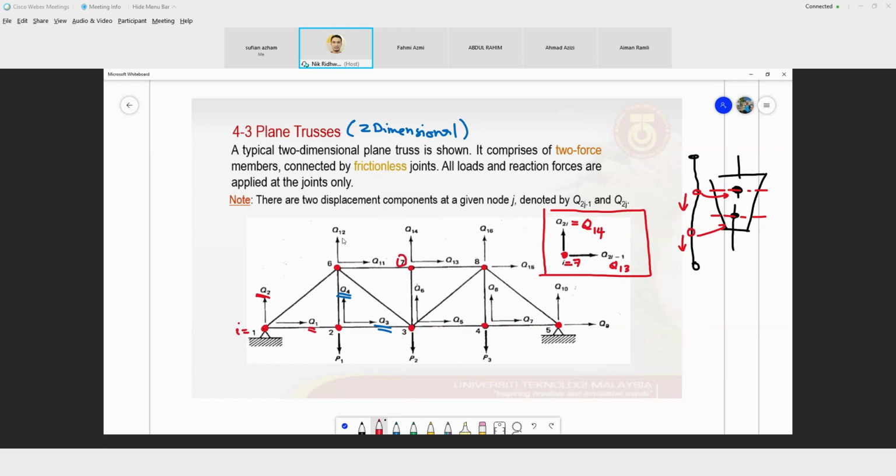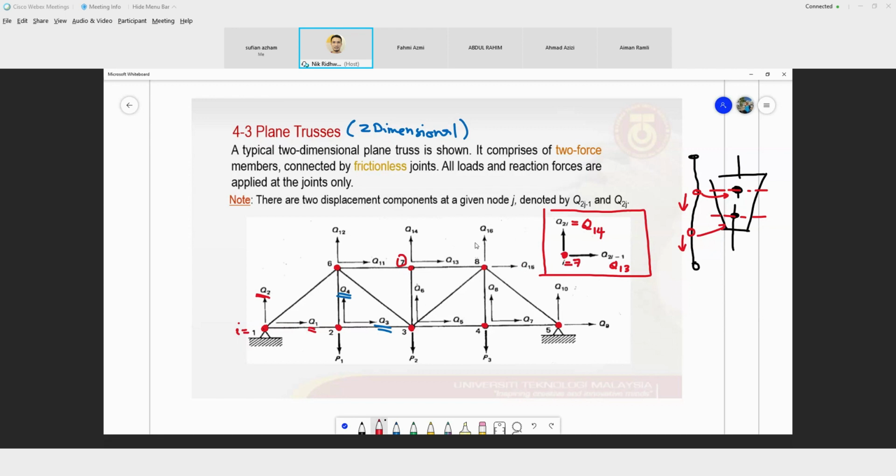And then for the vertical displacement kita akan ada even numbers, number genap. Tapi dia ikut turutan lah. 1, 2, 3, 4, 5, 6, 7, 8. In terms of number node, kita punya displacement, kita ada 1, 2, 3, 4, 5, 6, 7, 8, 9, 10 sampai 15 dan 16.